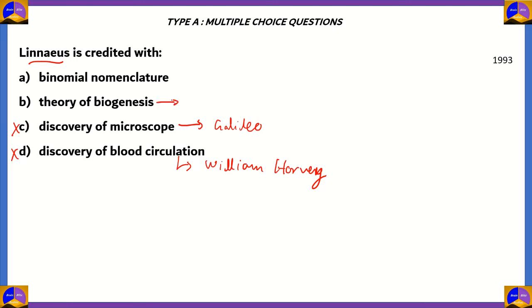The theory of biogenesis, which states that cells arise from pre-existing biogenetic matter. This rhymes closely with omnis cellula e cellula, the third statement of the cell theory, which is not surprising because both of them are given by Rudolf Virchow.